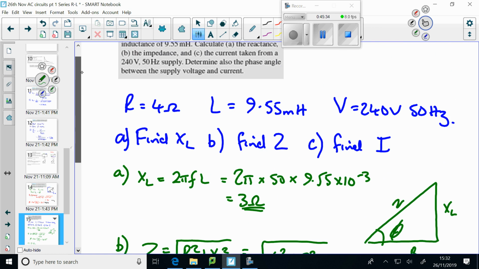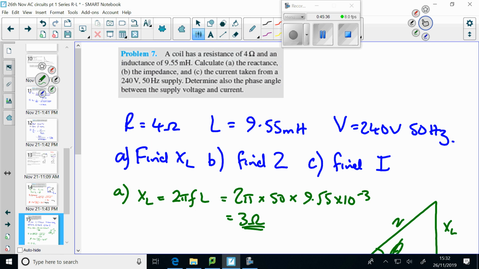This is our circuit, it's a resistor and an inductor in series to an AC supply. So we've got to add together R and XL, but they're not in phase with each other. So that's what we've done with the triangle.